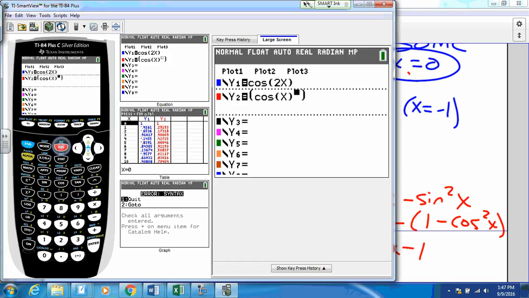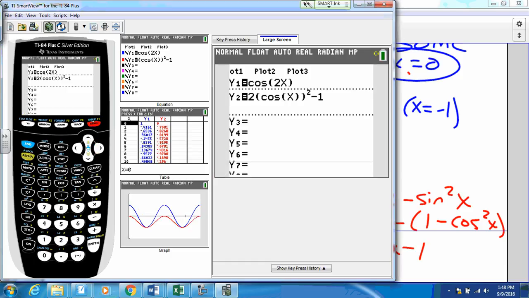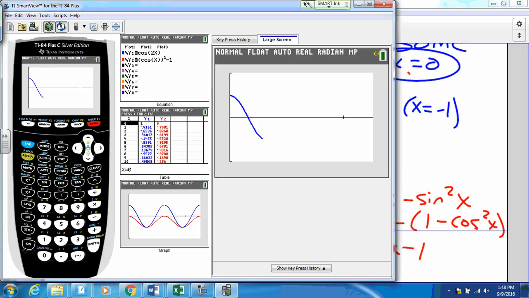There we go. And I wanted actually 2 cosine x squared minus 1. So let me insert 2. There. So here comes my first one, cosine 2x. And here comes my second one, 2 cosine squared x minus 1.